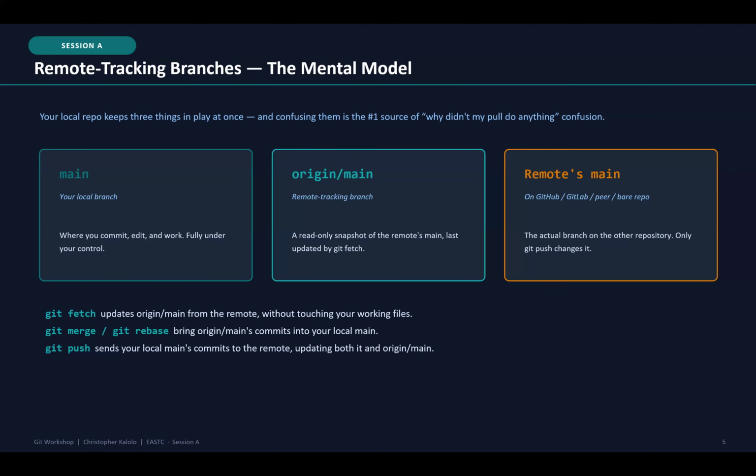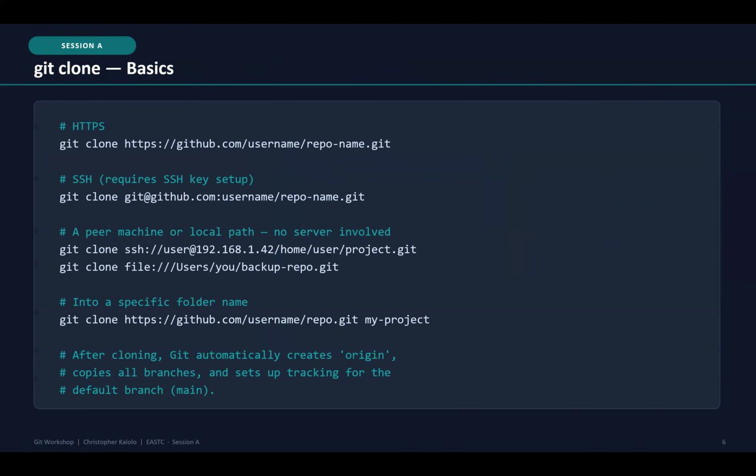You interact with the remote branch by, for example, if you want to take the commit history from the remote branch to your local branch, you have to fetch them by using different commands such as git fetch and merge or git pull. But also you can send your local commit history to the remote branch by pushing them. So that is the mental model of how this works.